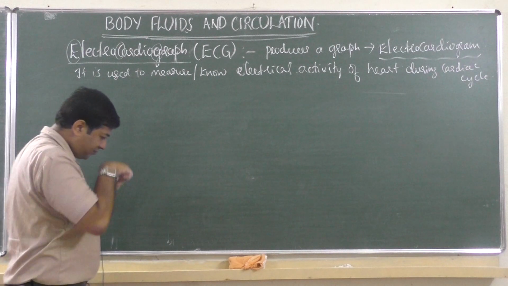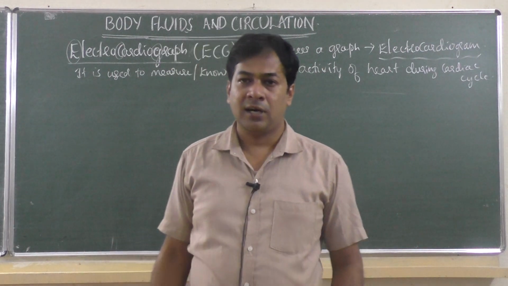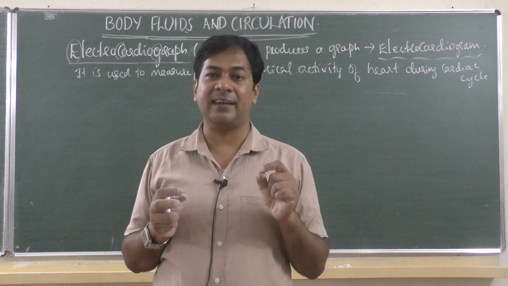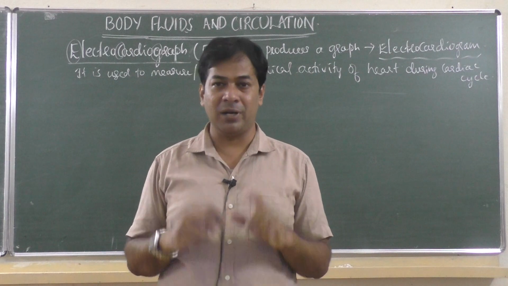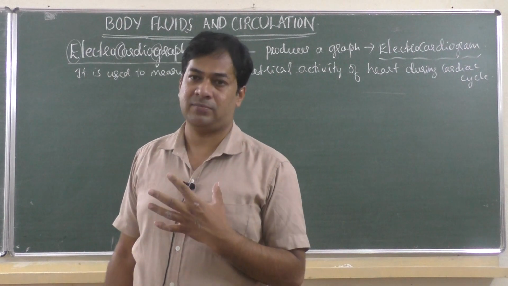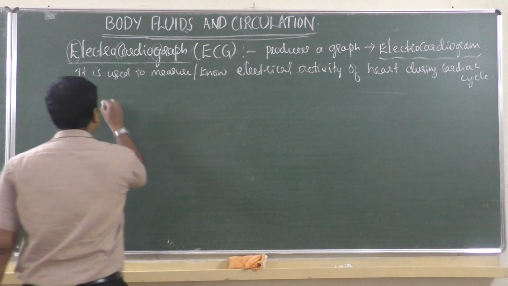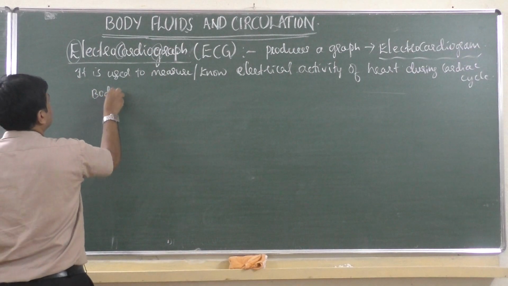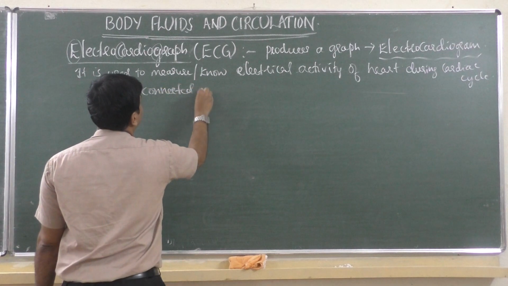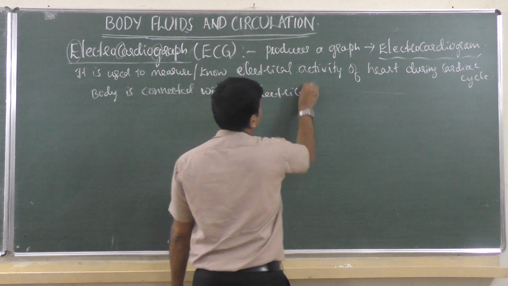If they want to measure the electrical heart activity of any person, then how should that machine be connected to the body? The machine will have many electrical leads. Lead means wire or cable. To measure the electrical activity of any person, his body will be connected with 3 electrical leads.